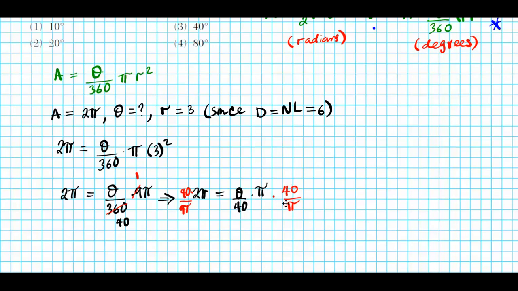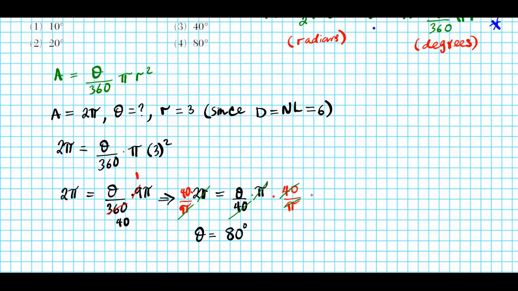And I have a pi here, so if I divide both sides by pi, that cancels. The 40s divide out and the pi's divide out, and on the left side the pi's divide out, and you end up with the value of the central angle theta, which, remember, in degree format is 80 degrees.